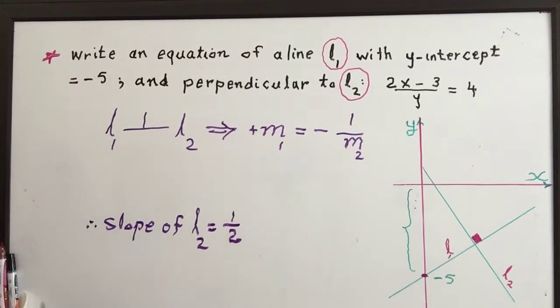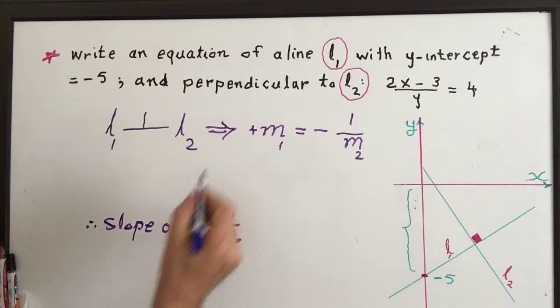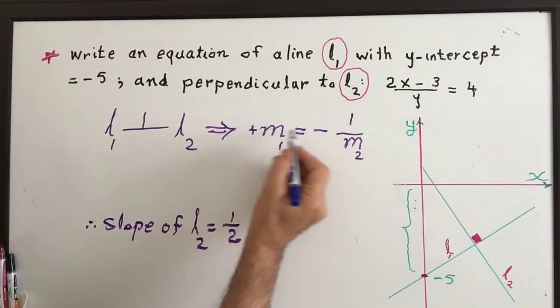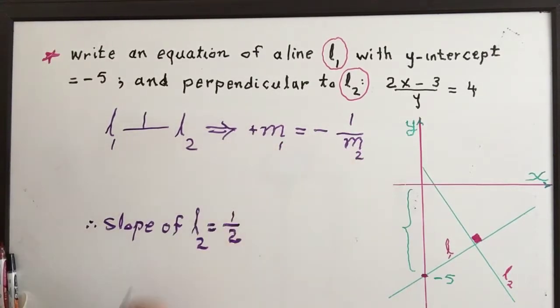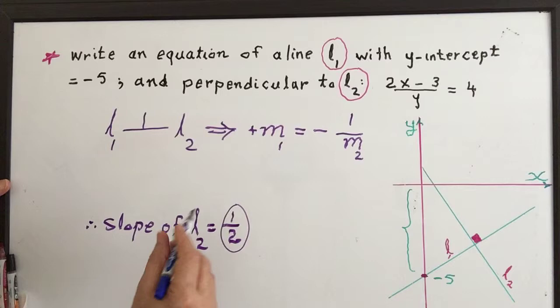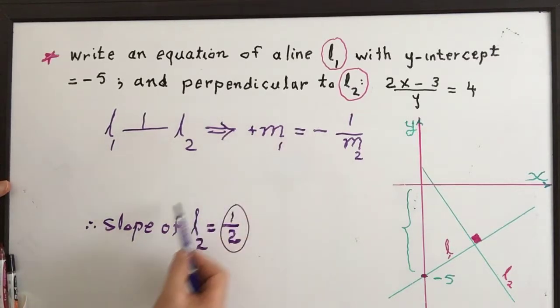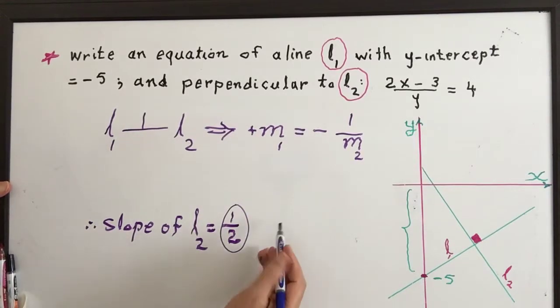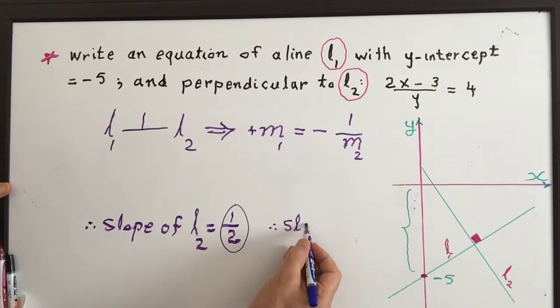So they differ in sign and are inverse of each other. As this is the slope of L2, we can get the slope of L1.